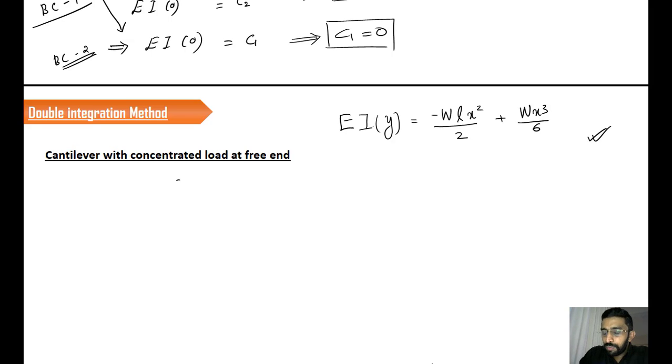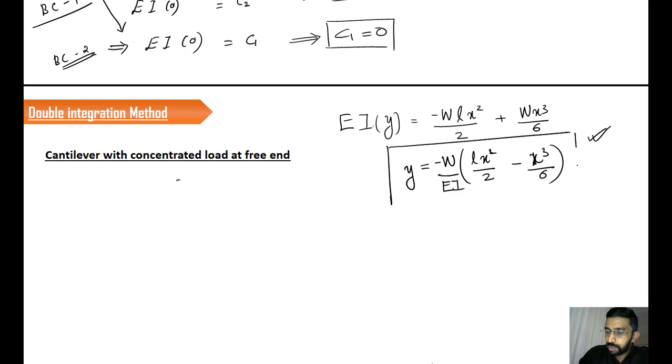If we take out the w, we can rewrite the equation as minus w into L x square by 2 minus x cubed by 6. And if we divide it by EI, we get y is equal to minus w divided by EI into L x square by 2 minus x cubed by 6. So this is a general expression.